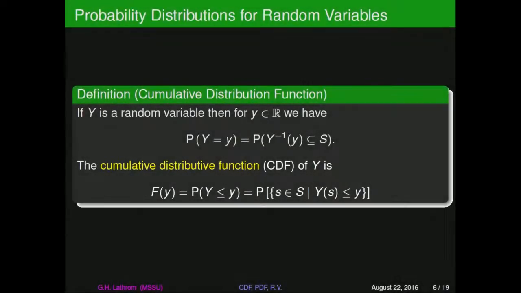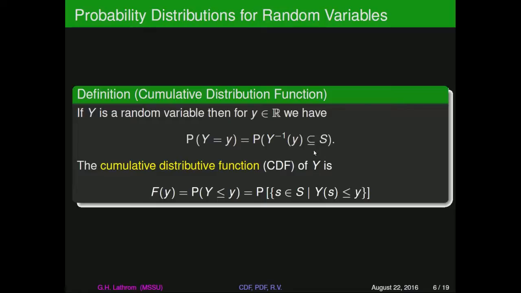So now let's talk about the cumulative distribution function for a random variable. If capital Y is a random variable, and we choose some element little y of the real numbers, then the probability that capital Y is equal to little y is the probability of the preimage of little y under capital Y. Remember, this is going to be some subset of our sample space.